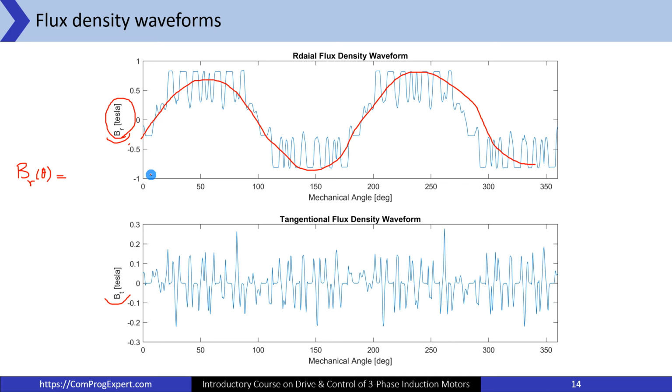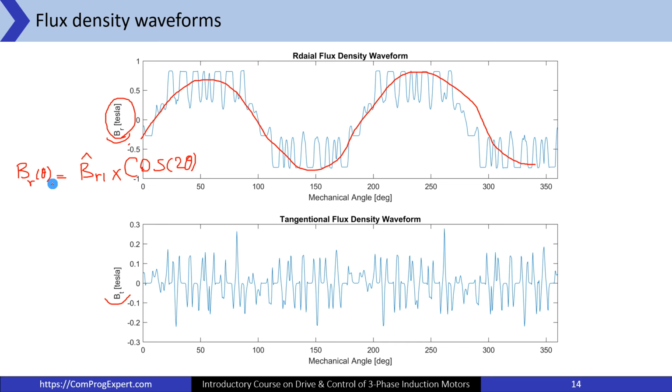What is important for us is the fundamental harmonic. If we neglect all higher harmonics, I can write Br as the peak value of the fundamental harmonic times cosine of 2 times theta, because we have a 4-pole induction motor.